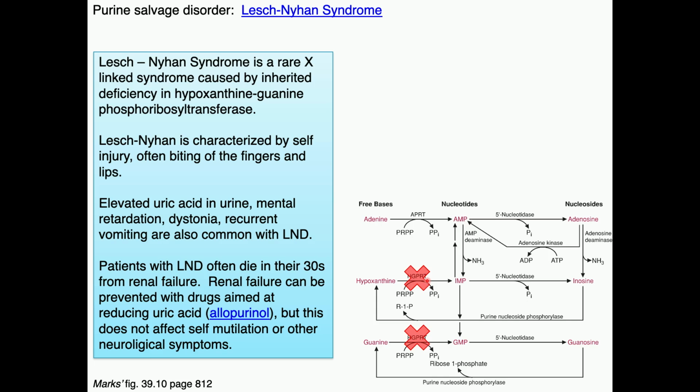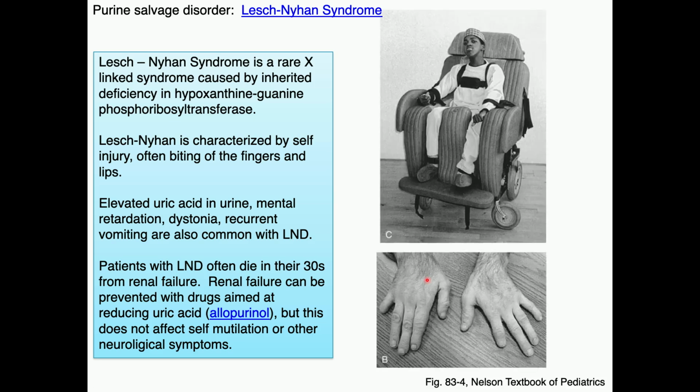The kind of thing that would distinguish this from just a simple gout is the really profound cognitive delays and behavioral disorders that are pretty peculiar to this condition. There is a self-injurious behavior, biting the lips and biting the fingers, and it can be pretty severe, as shown in this finger, resulting in loss of the fingers and having the patient have to be restrained for much of his life.